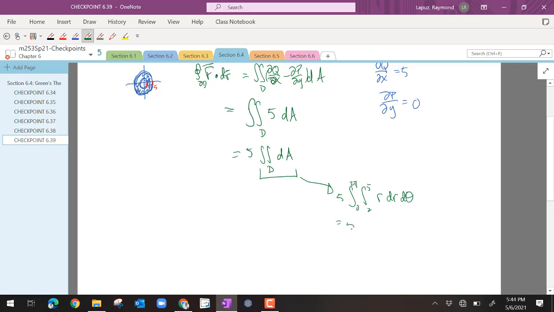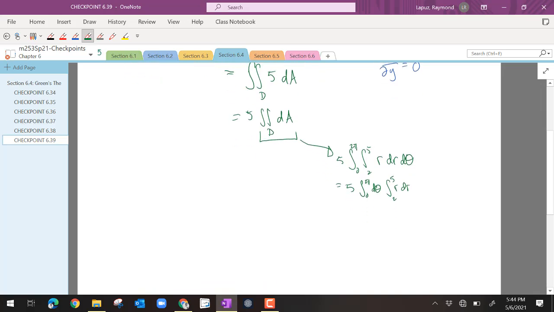All right, so this is 5, and this is going to be the integral from 0 to 2 pi of d theta, which is going to be 2 pi, and this is going to be the integral of r dr from 2 to 5. So that's just going to be r squared over 2. So we have 5, 2 pi, and this is going to be 1/2 r squared from 2 to 5.